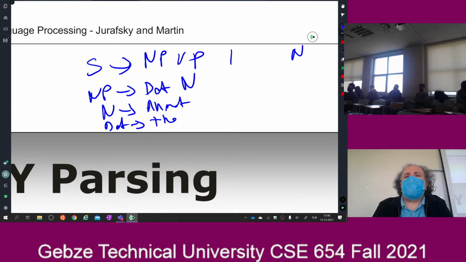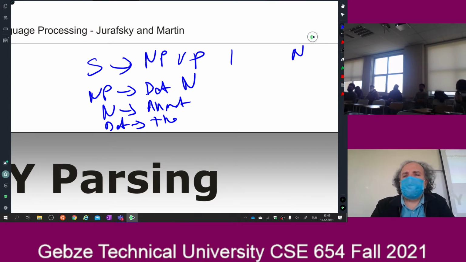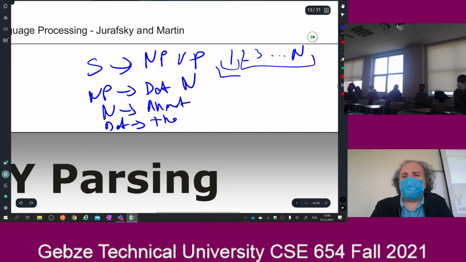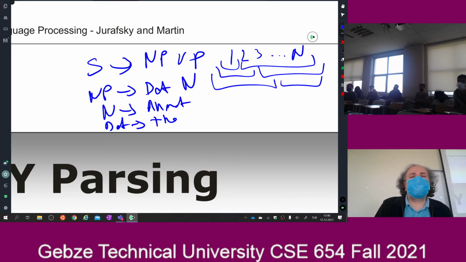Am I dividing this sentence like this, or like that, or like that? You got the idea. This is a linear search. So how am I going to divide this S into two? We are going to test all of them, and some of them will be okay, some of them will not be okay.